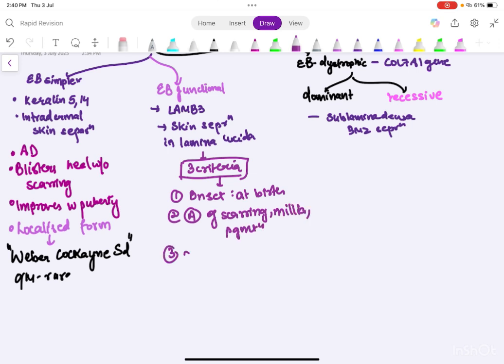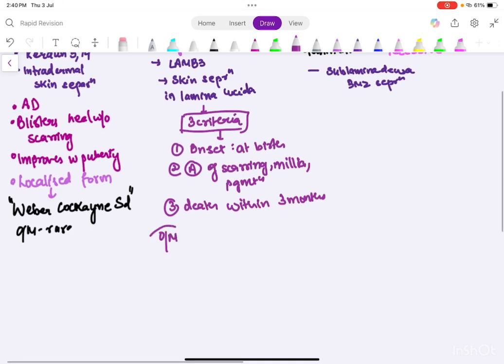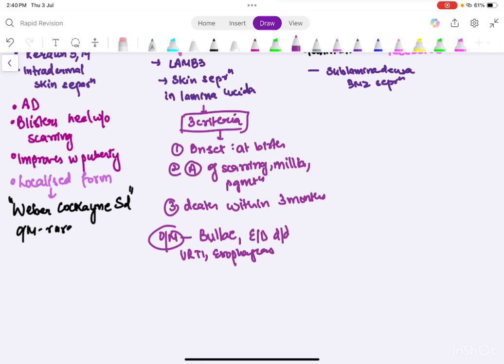And third is death within 3 months. It has oral manifestations like bullae, upper respiratory tract infection, and esophageal involvement. It also shows enamel and dentine developmental disorders.